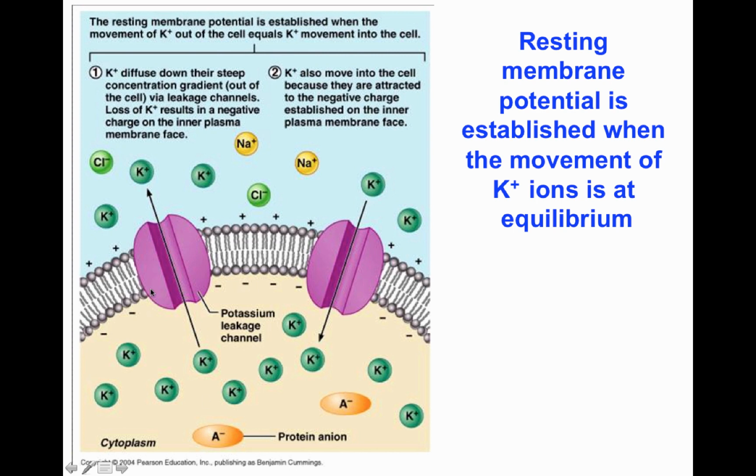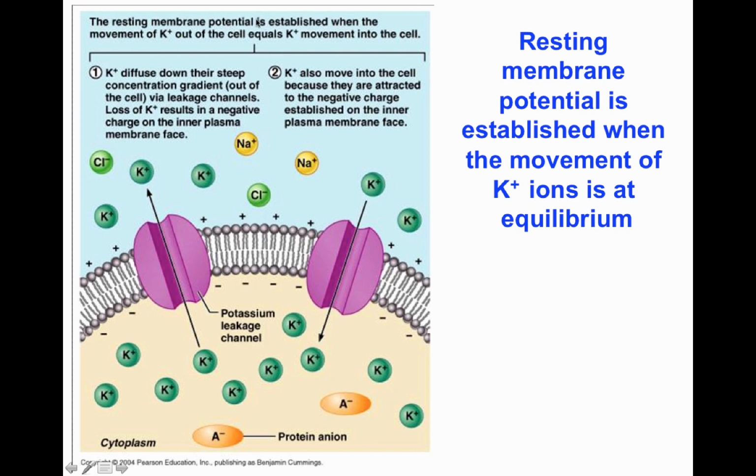This other figure is showing the potassium leaky channel here in purple. As you can appreciate, inside the cell there are proteins which are also charged. These proteins have negative charges over here. The membrane charge in the cytoplasmic region of the membrane is negative, and the membrane charge on the outside of the membrane is positive.